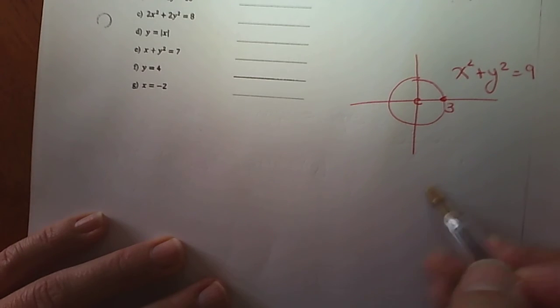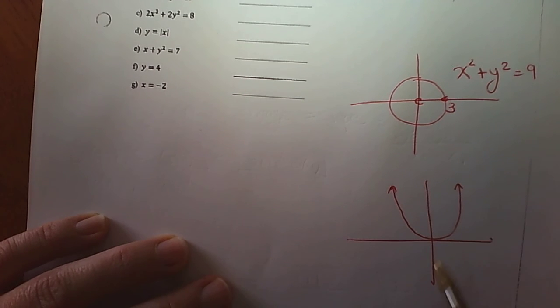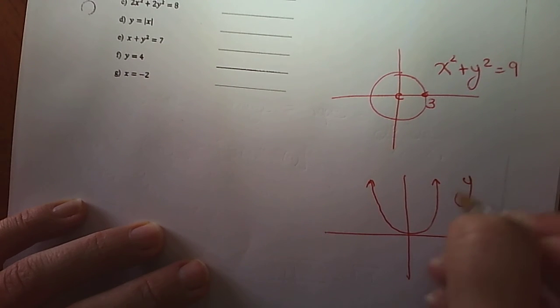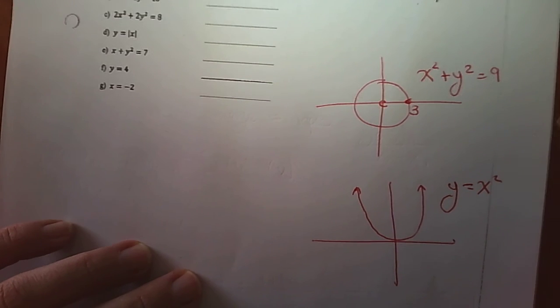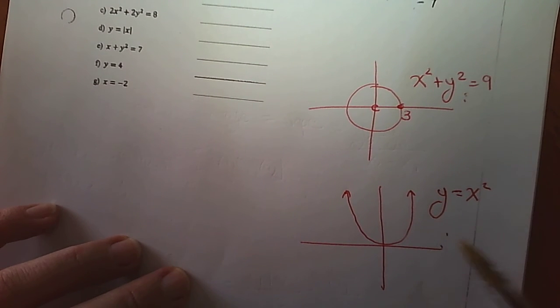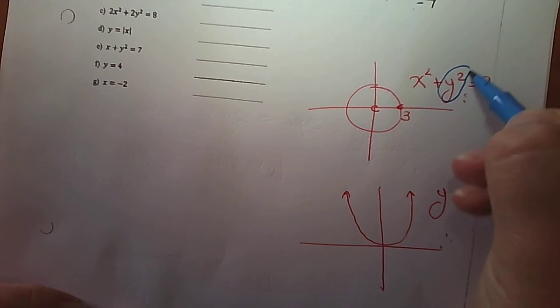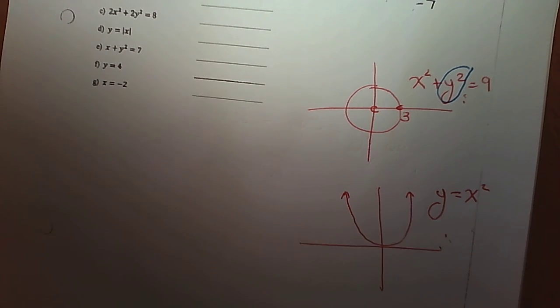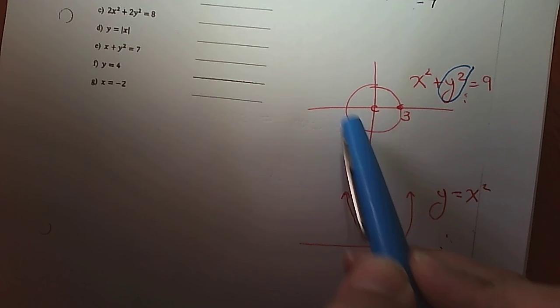Okay, now, remember before where the parabola was a function, and the equation for a parabola is y equals x squared. Okay, what does this have that this doesn't have? And I'm hoping you're noticing this guy. Any equation with a y squared can never be a function because it'll have a sideways curvature.